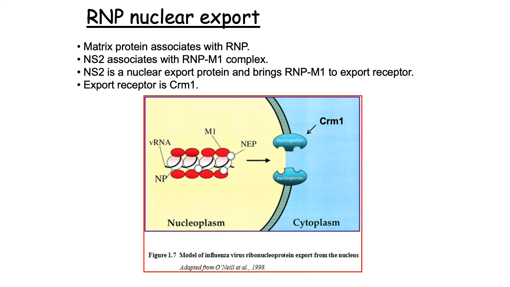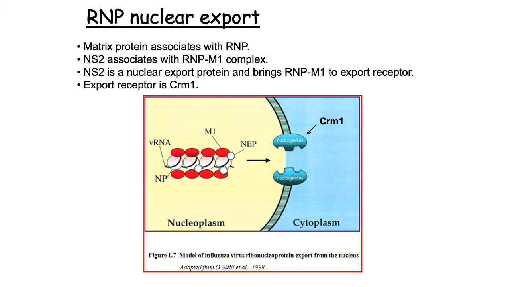Okay, so once it has done this, all this RNA copying is going to take place in the nucleus so that the virus does not have to worry about RIG-I or capping or anything like that. And it stole a perfectly made cap anyway, so it doesn't really have to worry about that. Then the M1 protein, the matrix protein, is going to associate with the brand new ribonucleoproteins.